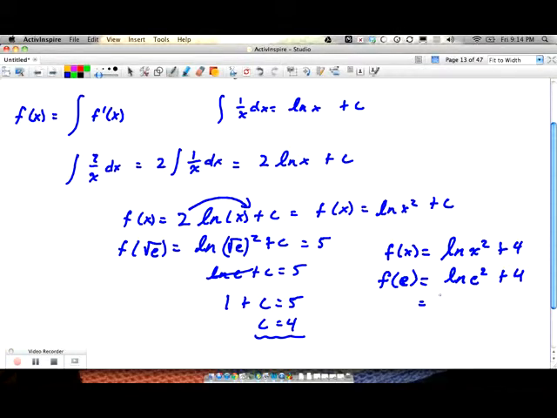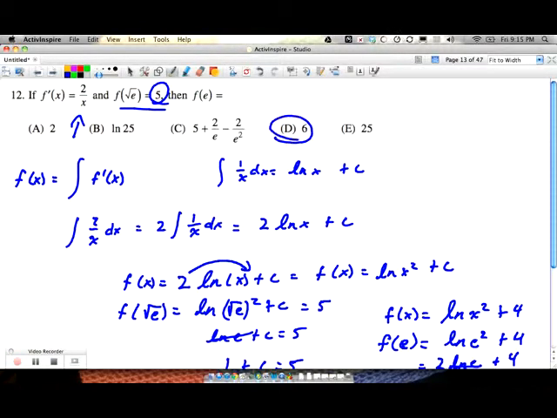Well, that's the same thing as saying 2 times the natural log of e plus 4. Then I simplify natural log of e as 1. So it's going to become 2 plus 4, which equals 6. Duh. It's D. The answer is D. Next.